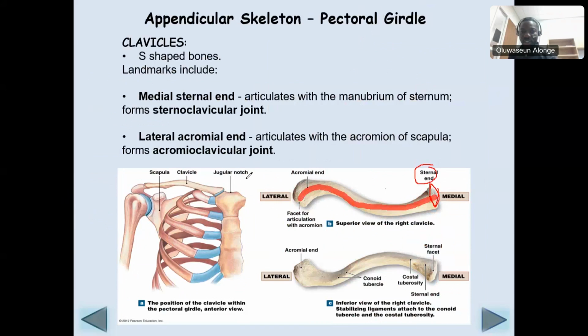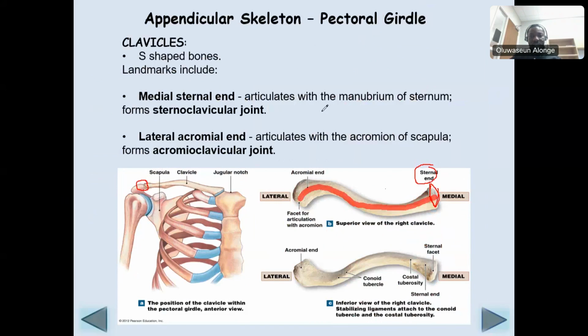The name of the joint is the sternoclavicular joint. At the lateral end, it articulates with the acromion of the scapula, so it forms the acromioclavicular joint right there. So that is the clavicle.